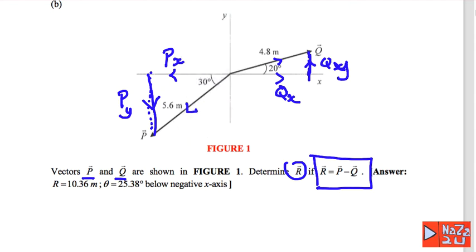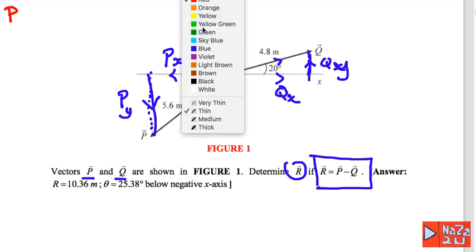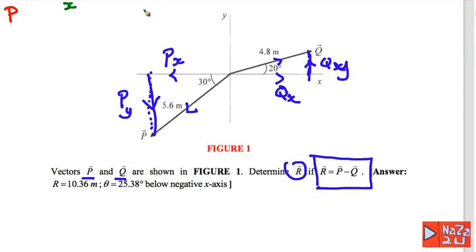Now the next step, to find the value of vector R, R is equal to vector P minus vector Q. So first you start from vector P. Use green color for the x.